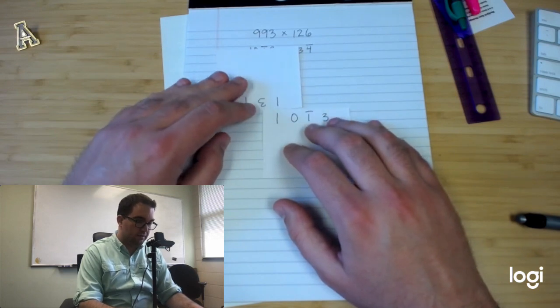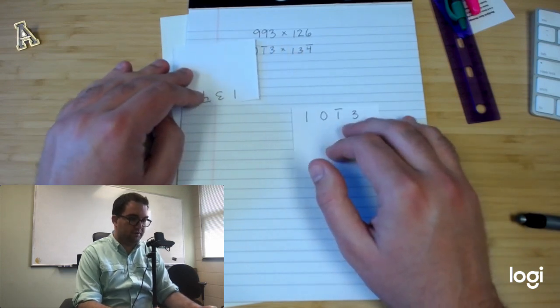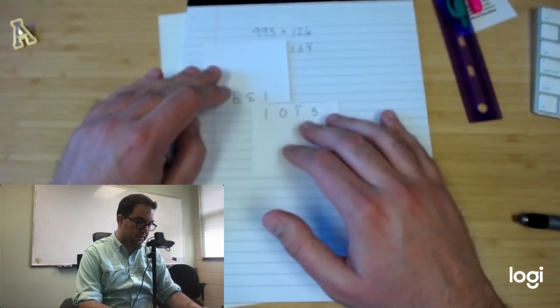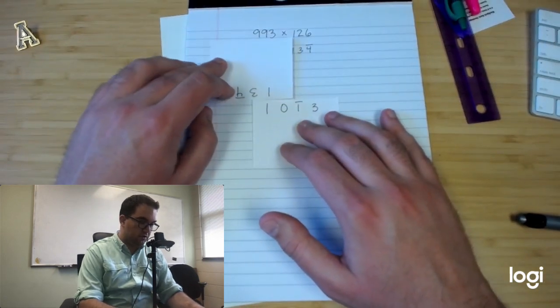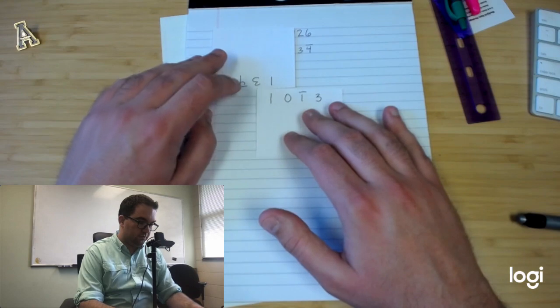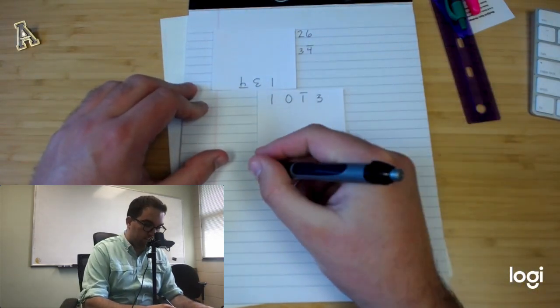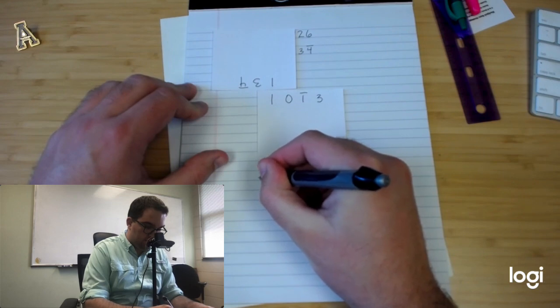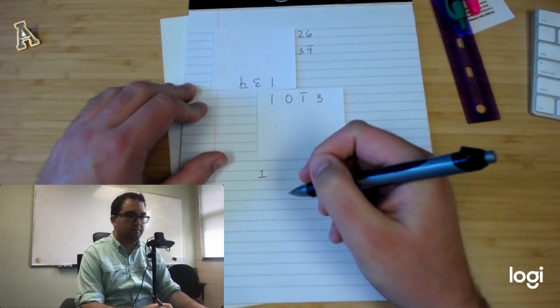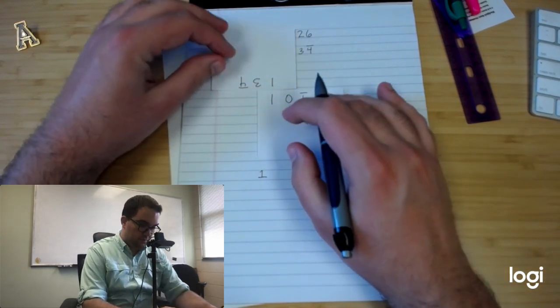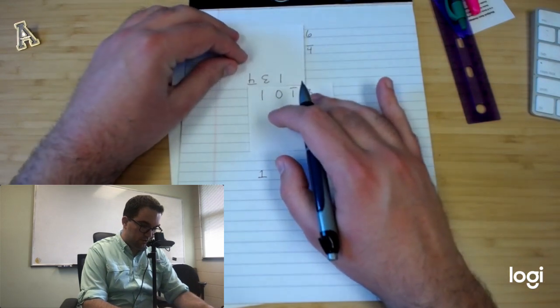So if I think of bringing these together, the first digits overlap. And so I'm going to start this multiplication process by observing that 1 times 1 is 1. And I'm going to write that on the first line here. Now I'm going to move things.